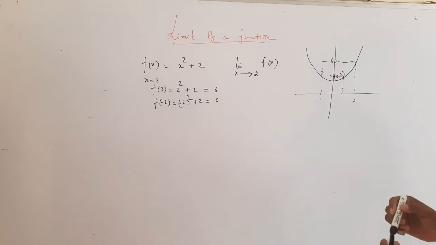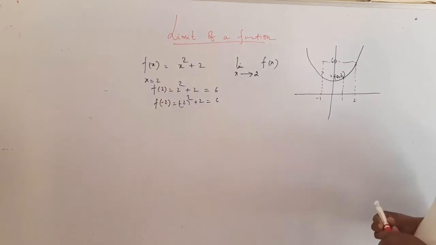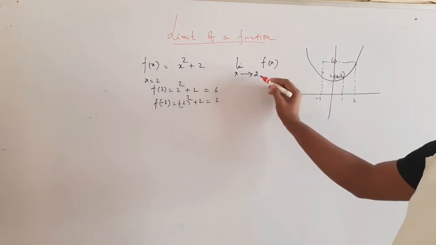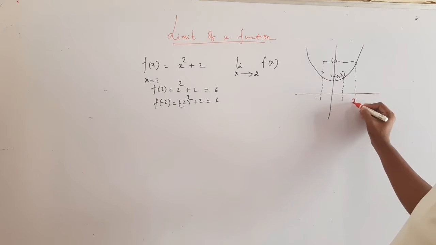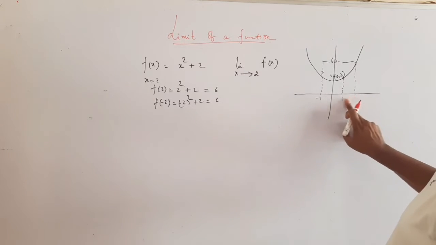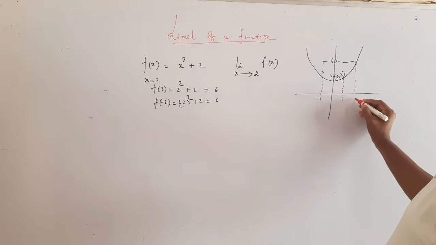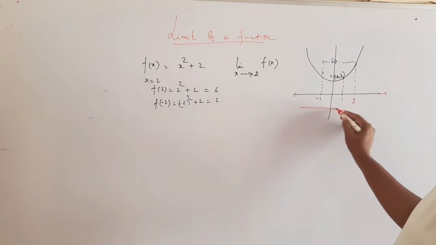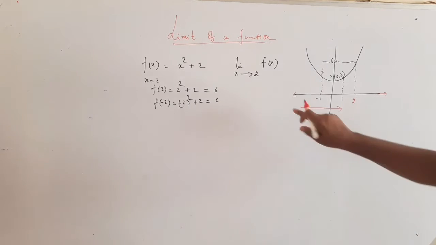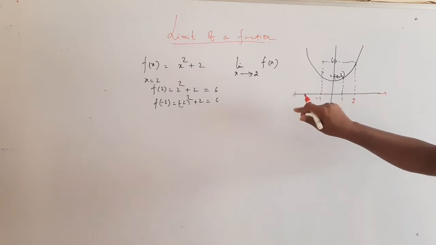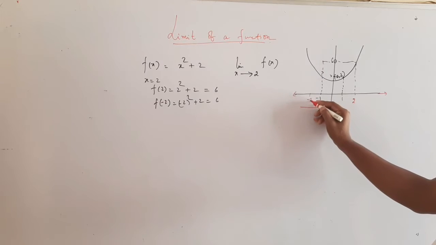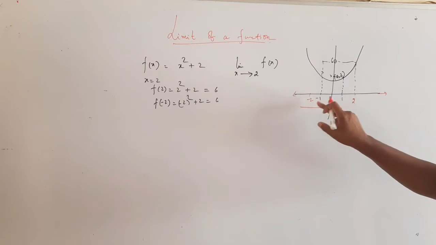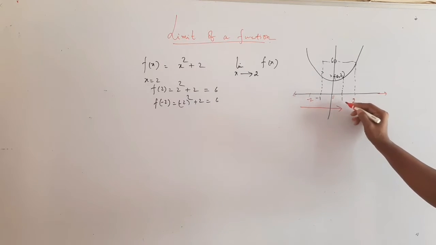This is that point. Now when we talk about the limit, what does it mean? Limit x tends to 2 means you are approaching 2. And there are two ways by which you can approach 2, because this is a real axis. You can approach from this side, like from minus infinity, then minus 3, minus 2, minus 1, 0, 1, 2.